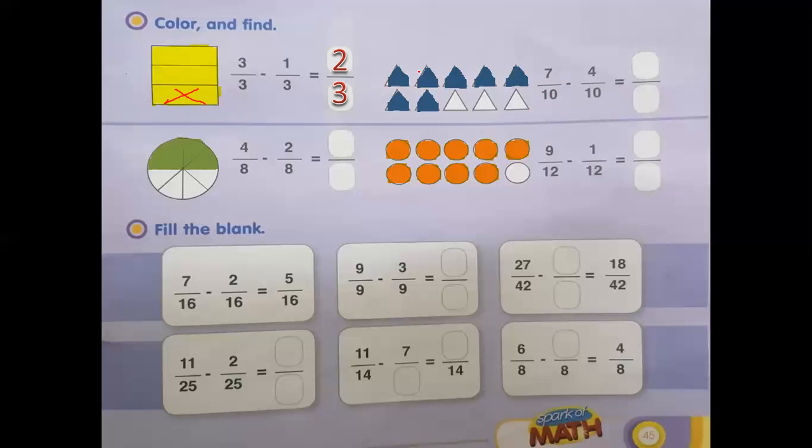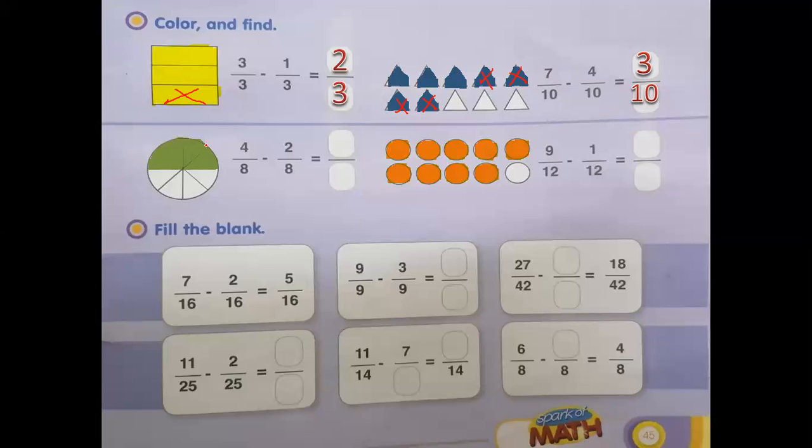If we want to take away 4 parts of these 7 parts, how many parts were left? Let's take 4. 1, 2, 3, 4. So how many triangles were left? 1, 2, 3. Excellent. So 7 minus 4 equals 3. And here what's the denominator? It is 10. So the difference is 3 over 10.